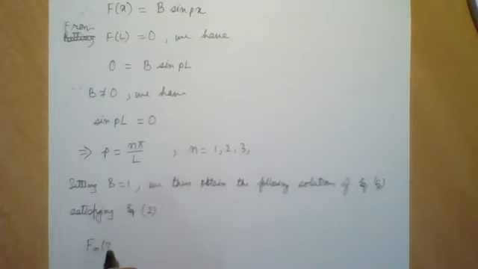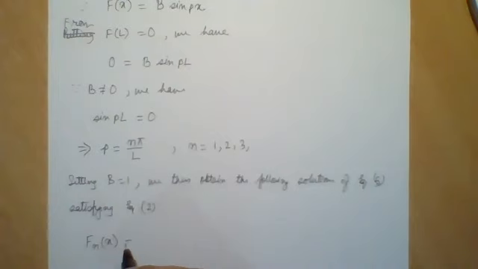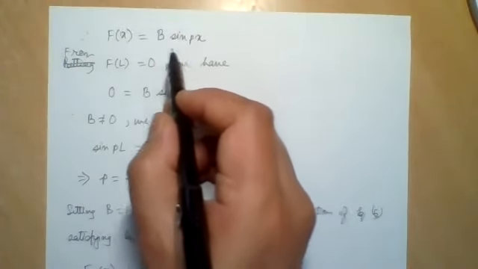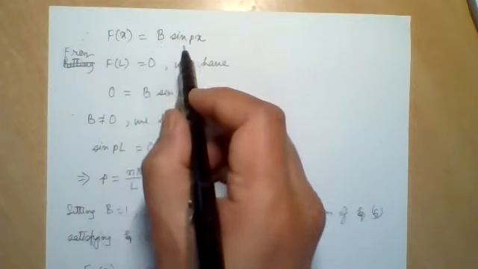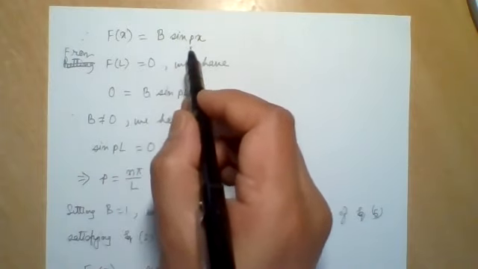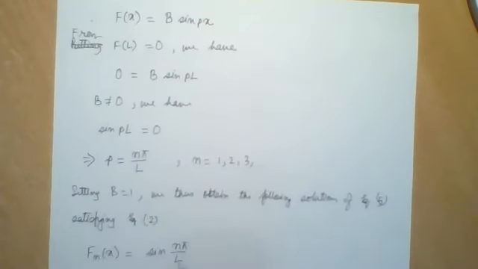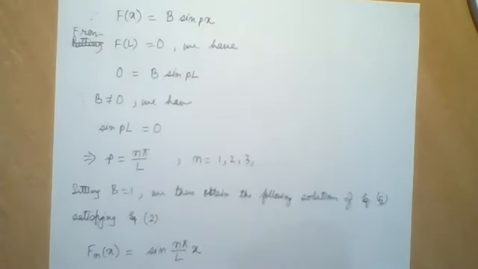We have f of x equal to sine px, and for simplicity we take b equal to 1. And what is p? p is n pi by L, so we have sine of n pi by L times x.